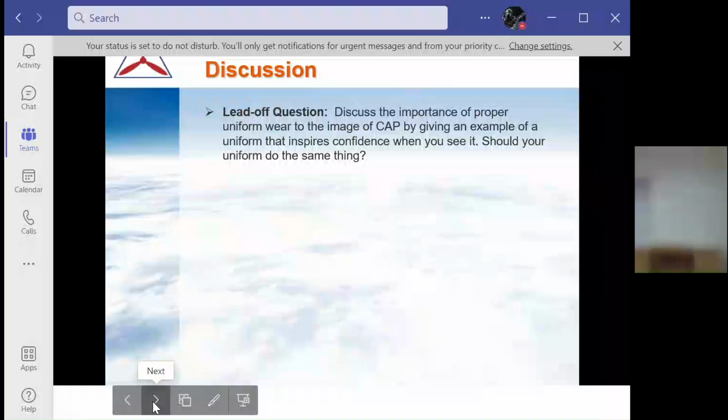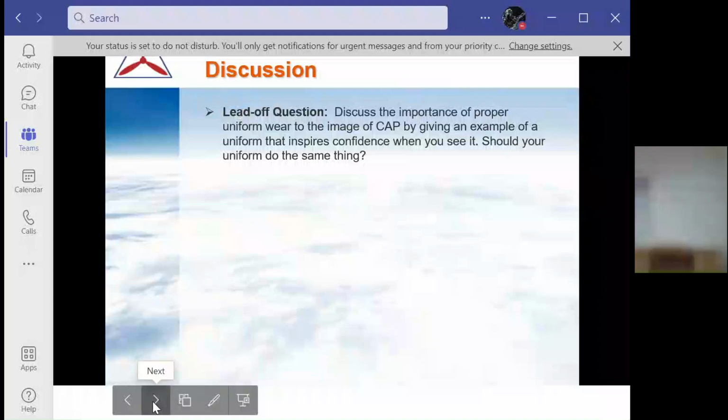So what's an example of a uniform that would inspire confidence in you? One that looks good, that looks sharp. Do you have a specific person, like National commander, regional commander, wing commander, anyone that you've met so far? Yeah, I met a wing commander at the encampment.